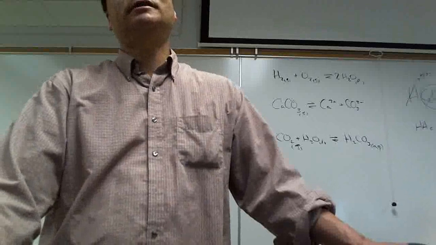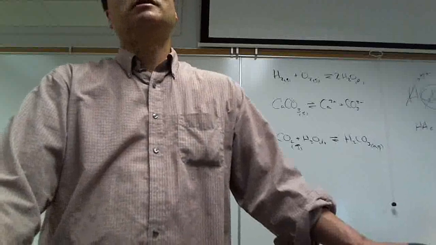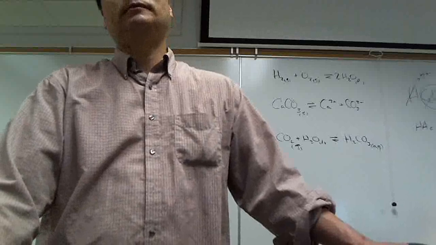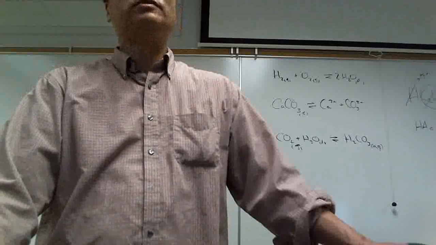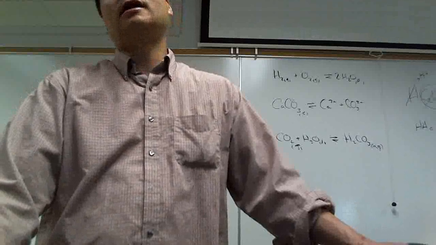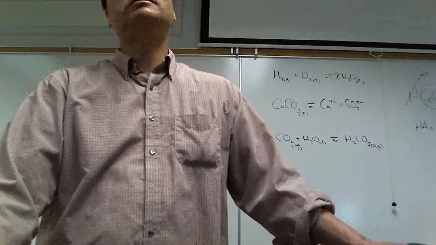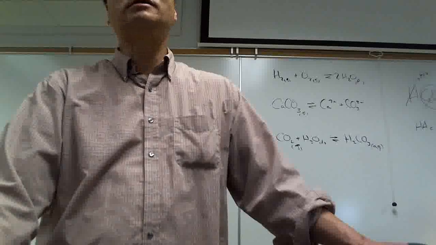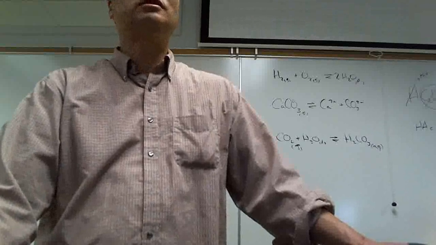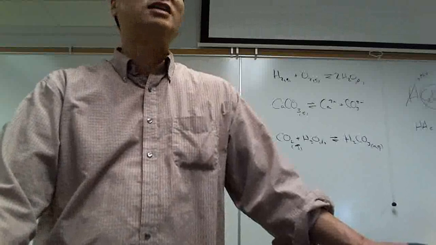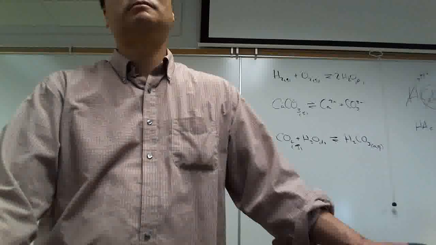The analogy I used for activities was the van der Waals equation for real gases versus the ideal gas law. Which one is going to be more accurate? Always the van der Waals. But sometimes we can make do with a simpler ideal gas law because it just saves us a lot of time.